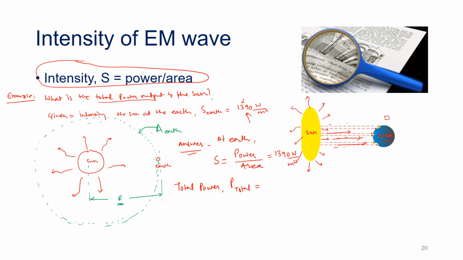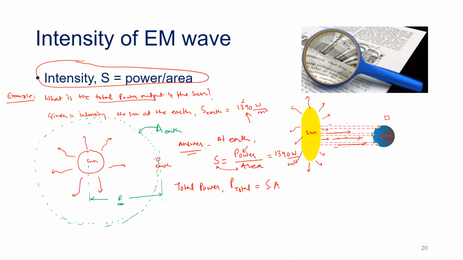So what is going to be the power? Power is simply S times area. Just take the value of S, multiply it with the area. And what is the area? Area is nothing but the area of this sphere. That is the area of the earth surrounding the sun.